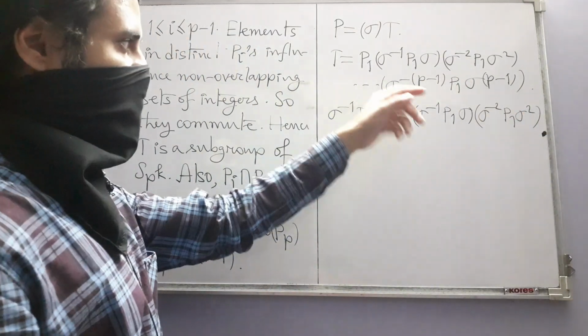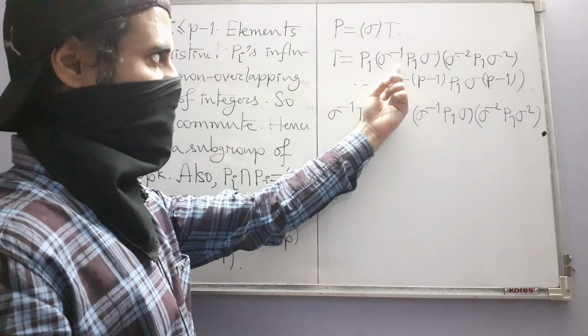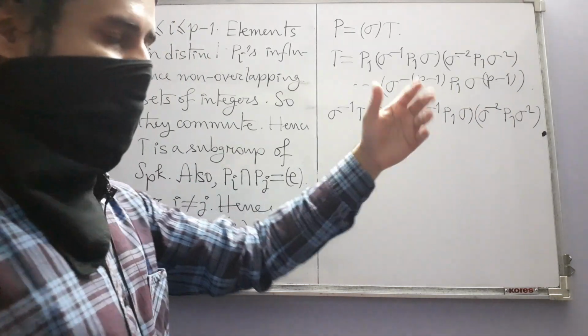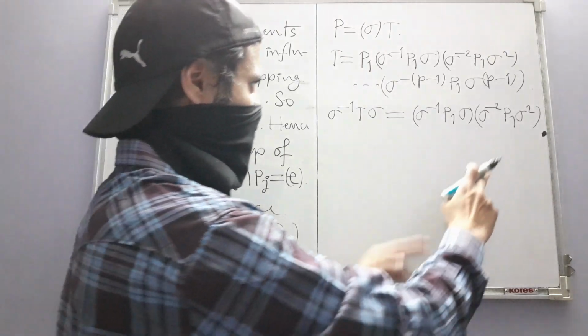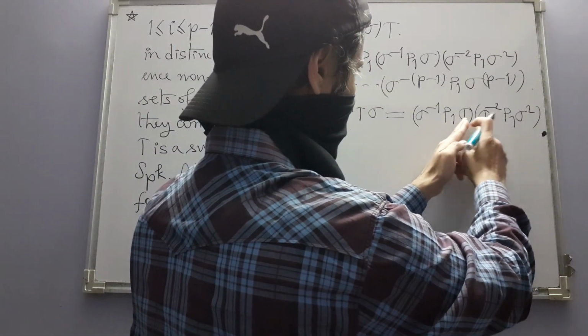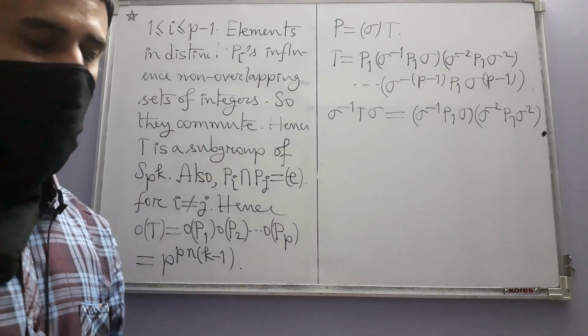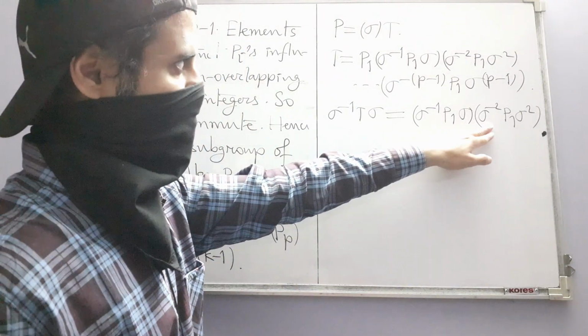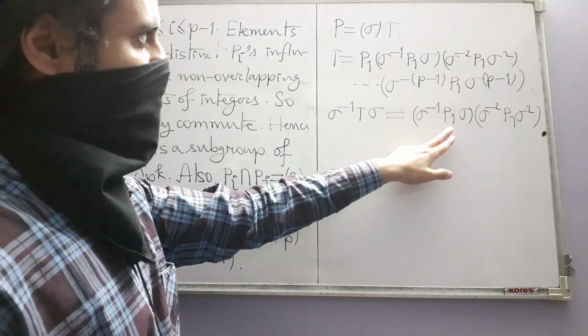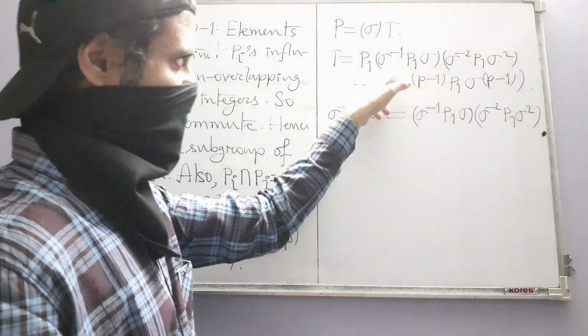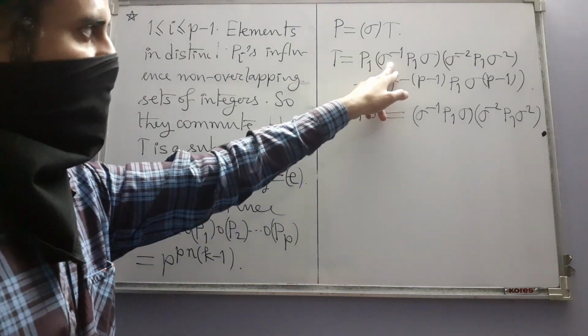So in place of P1 now you have this, in place of this you have the next one. That's because in the intermediate terms there are some cancellations. Sigma and sigma inverse together, sigma to the power minus 2 together will give you this sigma inverse here.